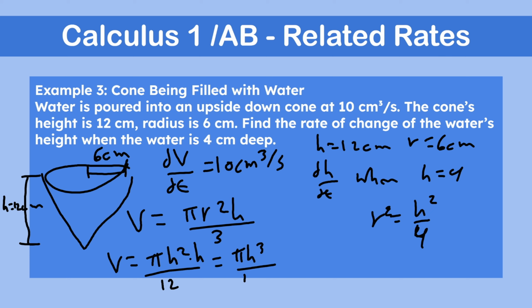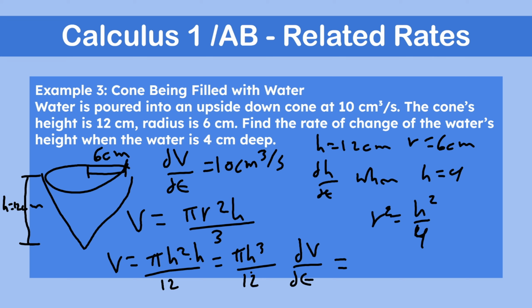So when we differentiate, dV/dt is equal to, we're going to multiply by 3 because that's the power rule.